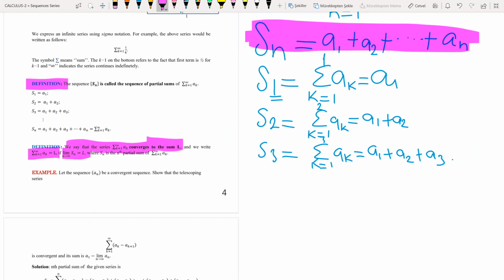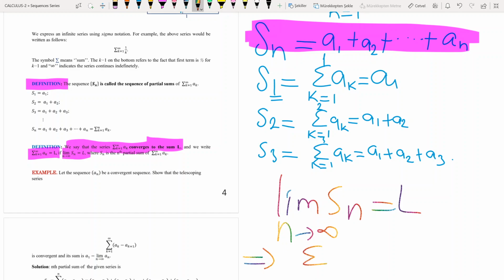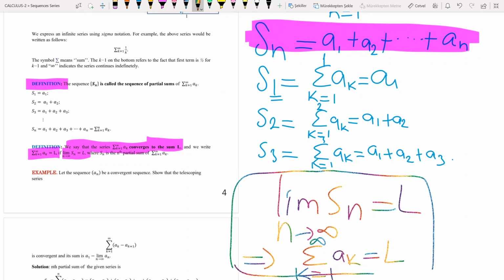So if the limit of Sn exists when n tends to infinity, then the given summation also converges to exactly that number. It is a very important result. This is why the notion of the n-th partial sum is very important to solve infinite series problems.